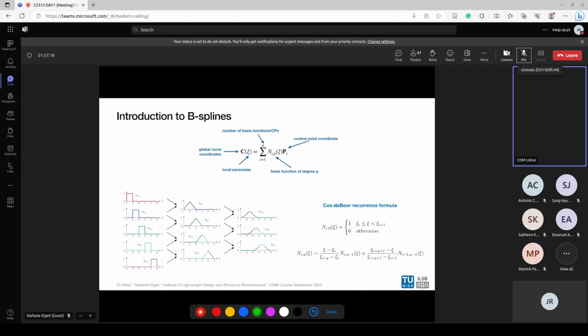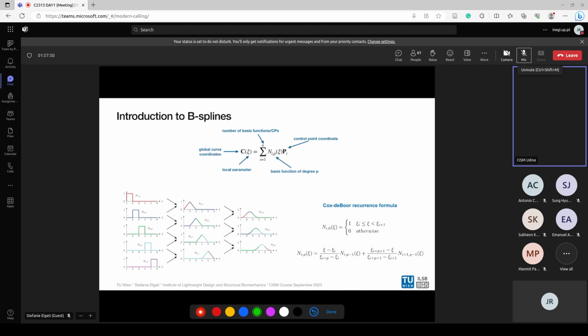So what we change now with respect to the Bezier curves are simply the basis functions. We use different basis functions, no longer the Bernstein polynomial, but the B-spline basis functions. Again, we have an index here, so every control point has its own basis function, and we have a degree of this basis function. Now, one difference is that the degree is no longer connected to the number of control points. So now I can choose the degree freely.